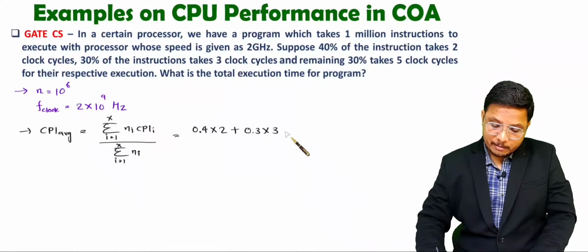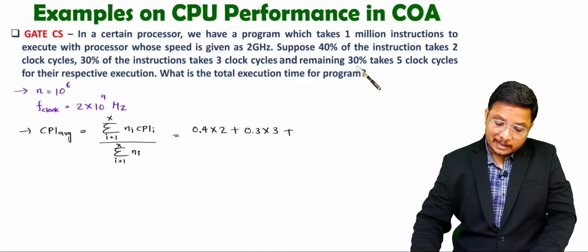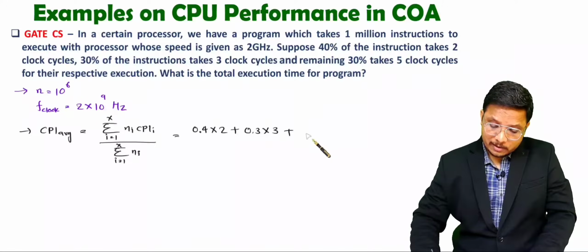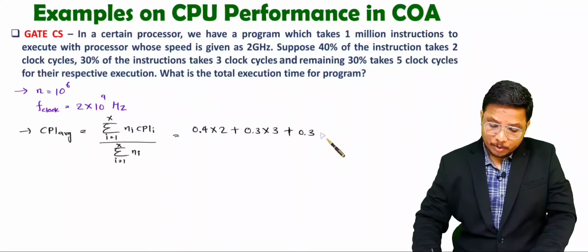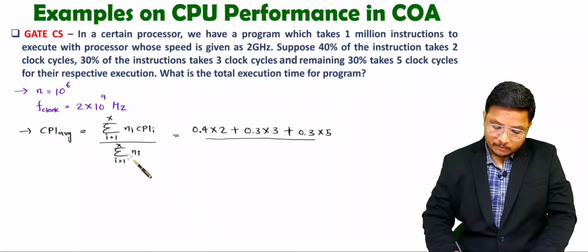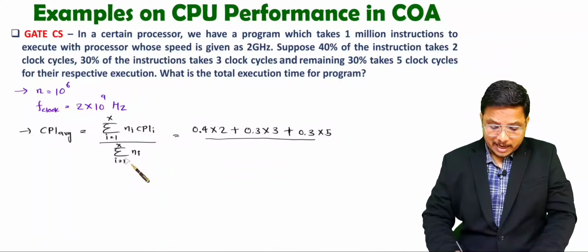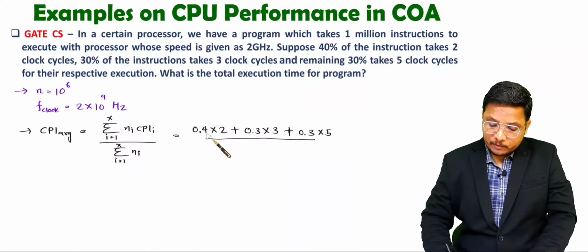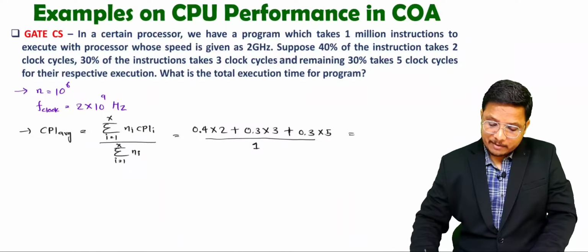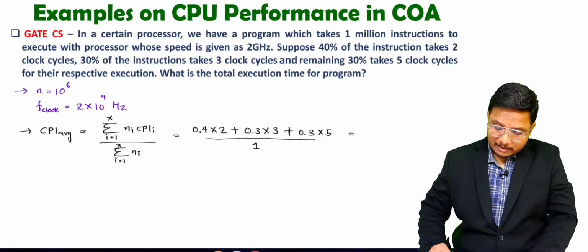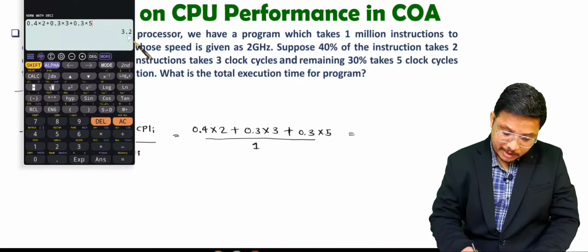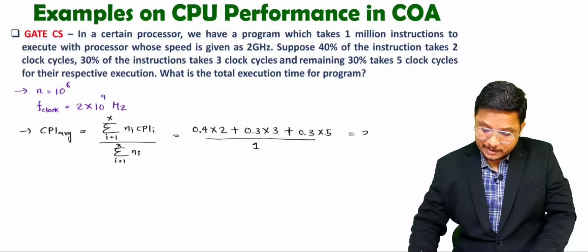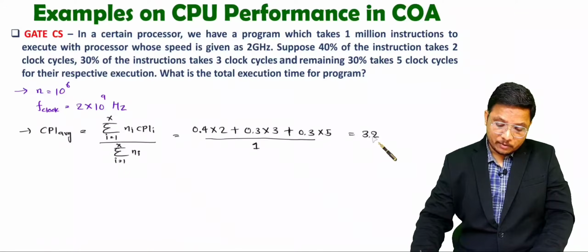That is Ni CPI, plus the remaining 30% that takes 5 clock cycles, so 0.3 into 5, divided by the total of the fractions. Here I have considered it in terms of percentage, so 0.4 plus 0.3 plus 0.3 is 1 only. So that is my average CPI over here, which will be 3.2. So here average CPI is 3.2 with us.